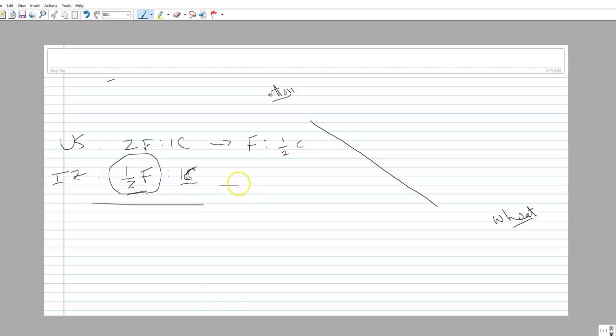And here, if you multiply by 2 on both sides, you get one food, 2 clothing. So the United States forgoes less, or has a lower opportunity cost, in the production of food, so the United States should specialize in such production.